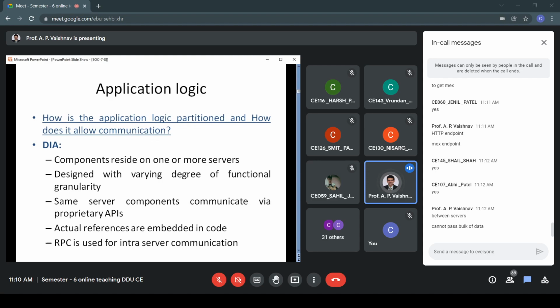So basically you will be passing fine-grained information if you are using RPC, right? Rather than that, it's better to use document-style messages, which we use in SOA, so that we can pass bulk of data, right? That is another benefit. Okay, so that is the next comparison, that services rely on document-style messages, which contain a lot of information. So are you clear up to this first comparison point?